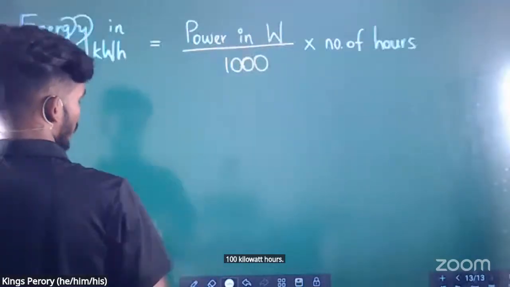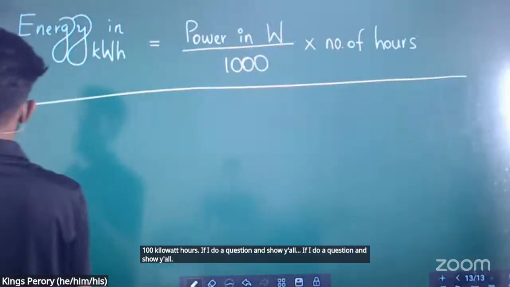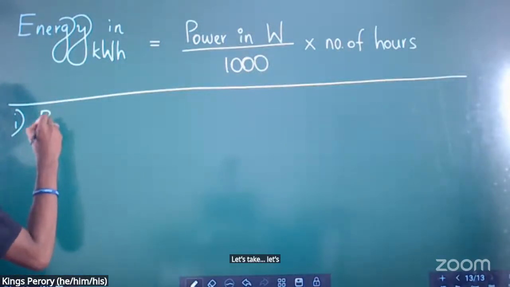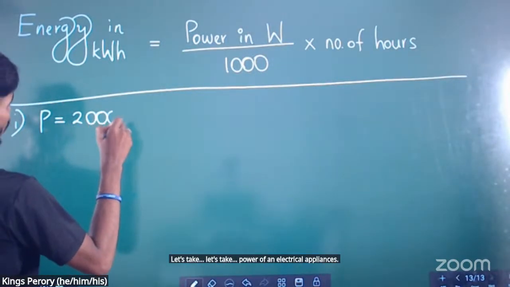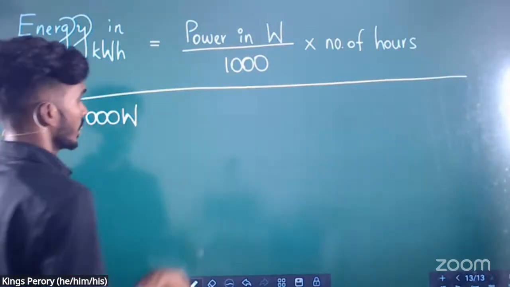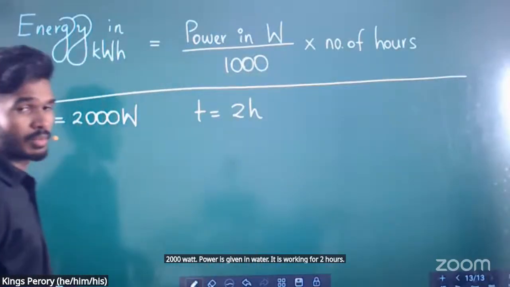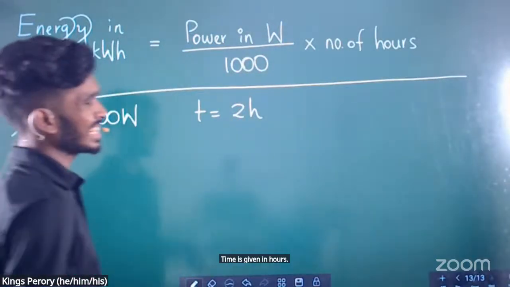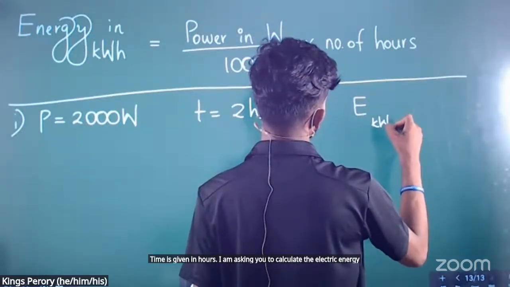If I do a question and show you all, let's take the power of an electrical appliance is 2000 watt. Power is given in watt. It is working for 2 hours. Time is given in hours. I am asking you to calculate the electric energy in kilowatt hour.